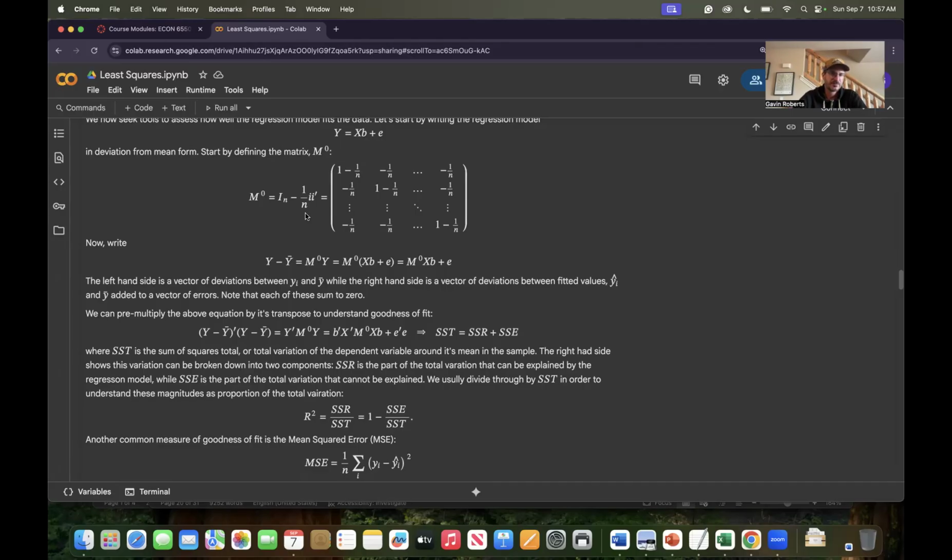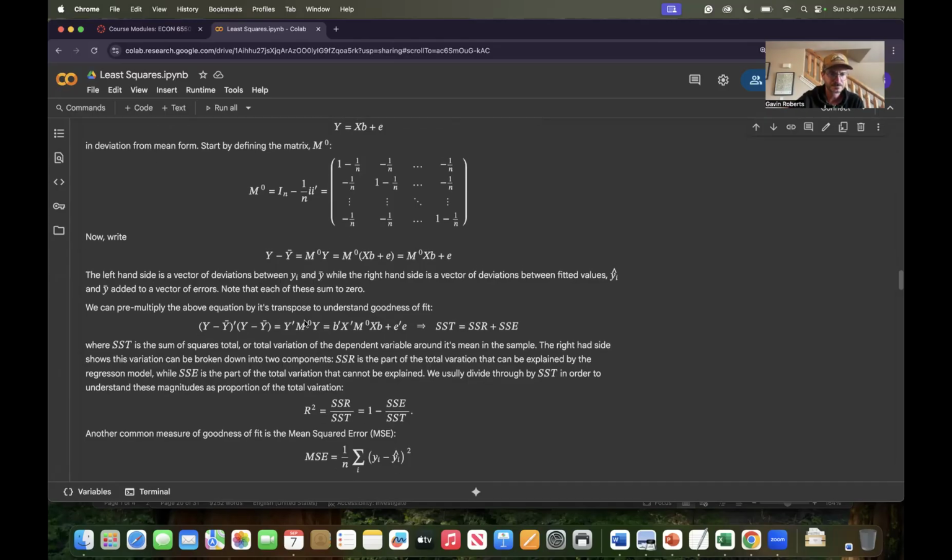It would be useful for you to write out what this matrix actually looks like and see the resulting matrix that we get when we put those identity matrices and those unit vectors together.